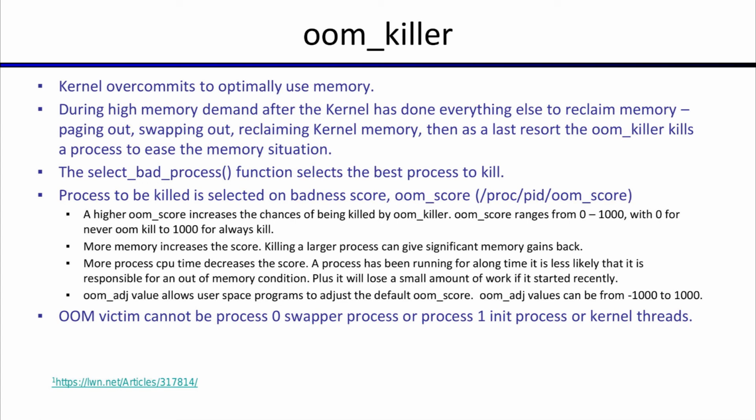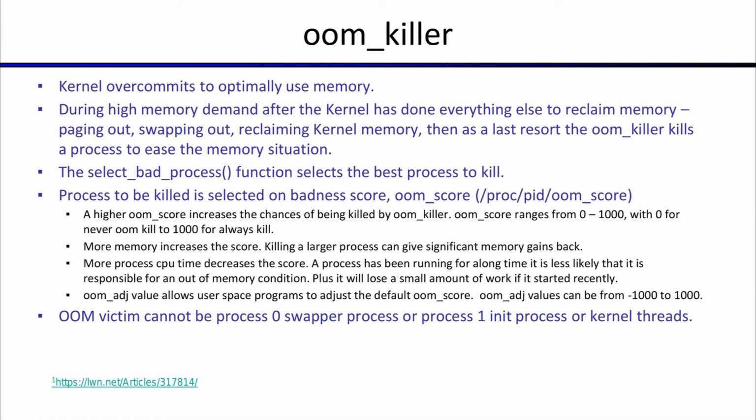The way that works is the kernel will select a bad process, and it is called a bad process just because it's trying to select the worst process around there such that it can kill it. This is an algorithm, and the kernel gives an OOM score, out of memory score, to every process.